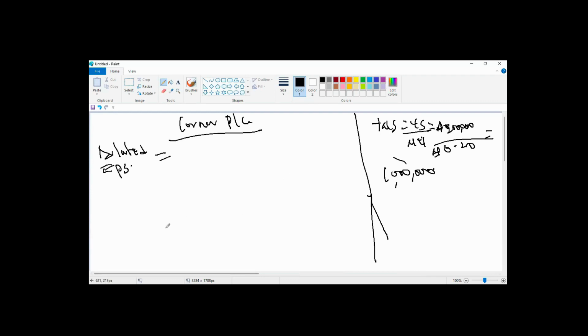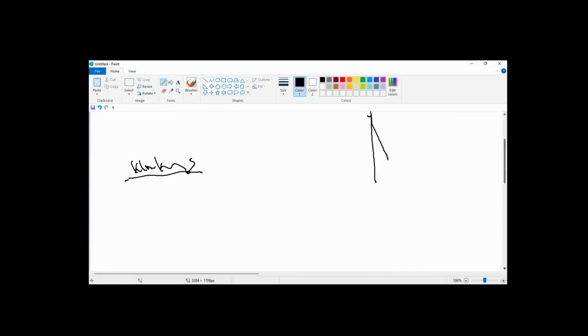No rights issue, no bonus issue, so no need of a table. That means 5 million divided by 1 million times 100 gives me 500 kobo for the basic.